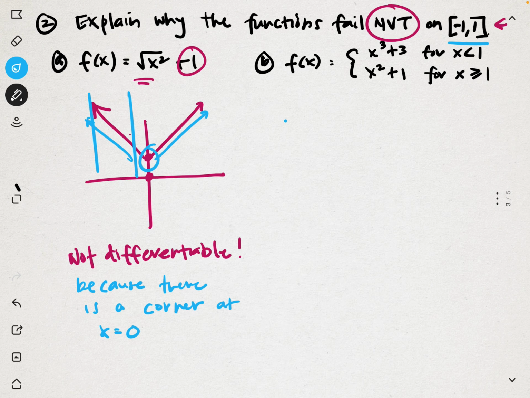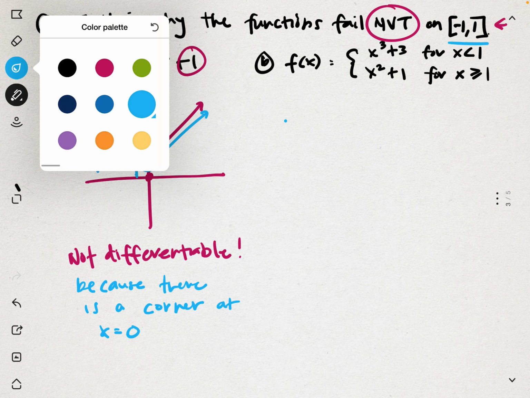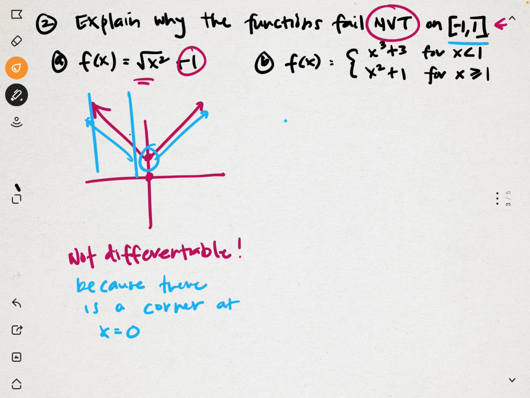Okay, part B. Same thing: the interval is okay, so we're checking whether it's not differentiable or not continuous. Let's check continuity first for this one. We're only concerned with continuity here because the top piece is a polynomial function and continuous, and so is the bottom one.